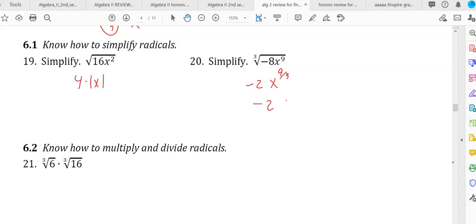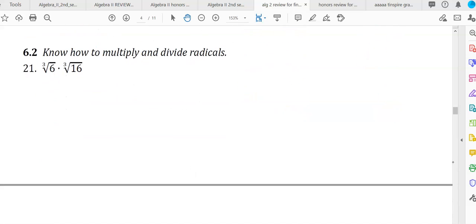So it'd be negative 2 x to the third. If you don't know the cube root of 8, do a prime factorization. So that's really 2 to the third. So when we say the cube root of 8 is 2, the cube root of negative 8 would be negative 2. You can have negatives as odd roots.